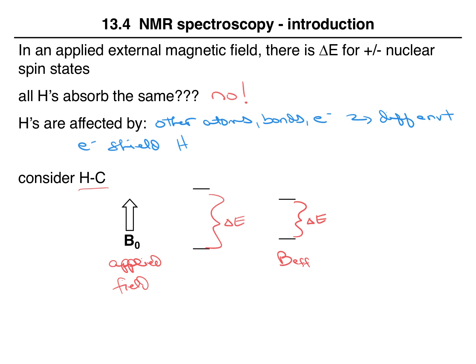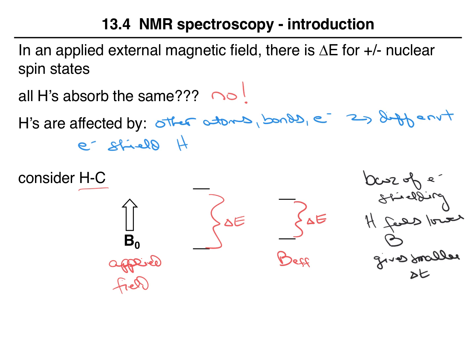All right, so the applied field would generate this energy difference, but the field that is actually felt by the hydrogen, because of how it's affected by the electrons, leads to a slightly smaller energy gap. Because of primarily electron shielding, a hydrogen feels a lower magnetic field, lower than the applied field, and that gives a smaller energy difference.